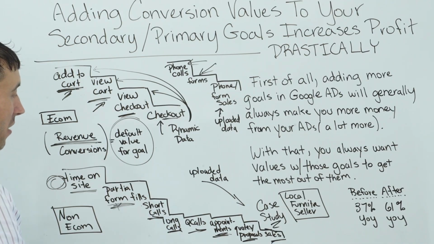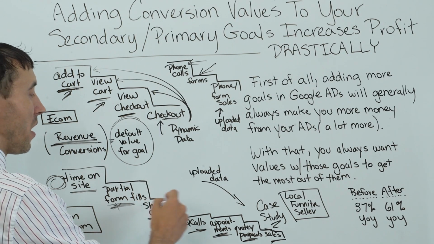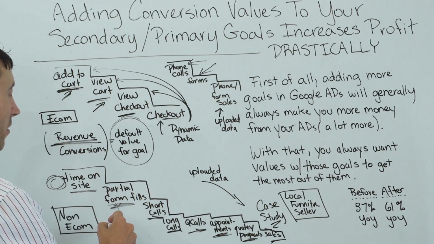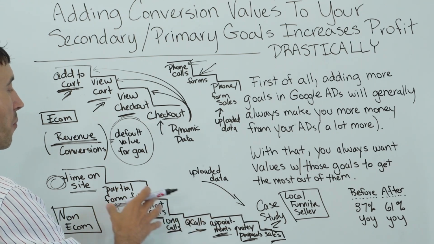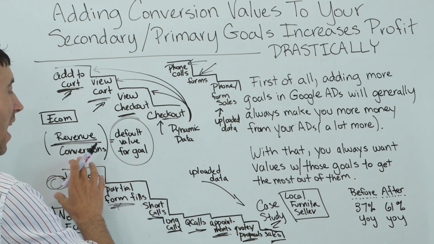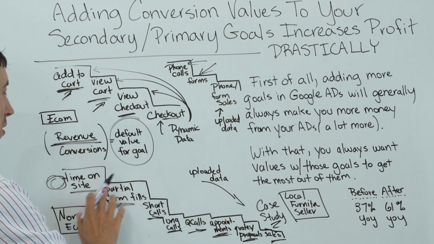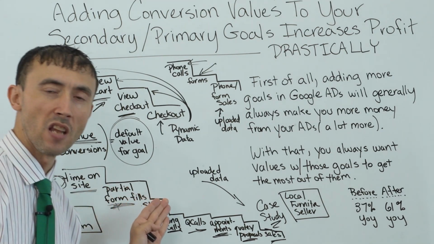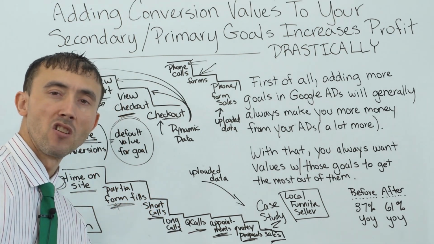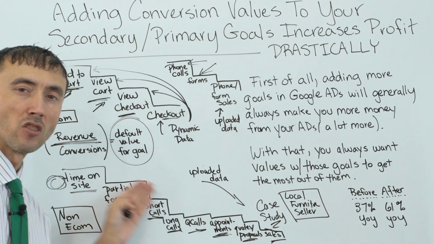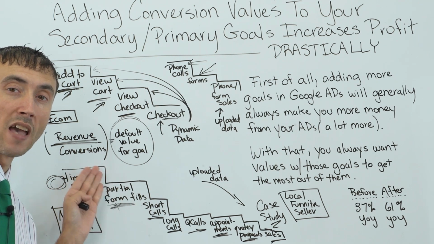What you end up doing is one by one, you mark these goals secondary. As you get enough data on the bottom goals here, you don't need to have all these other goals marked primary as well. So what you're doing is telling Google, hey, pay attention to these lower goals here, not so much the ones up here, even though you can also look at them as well.